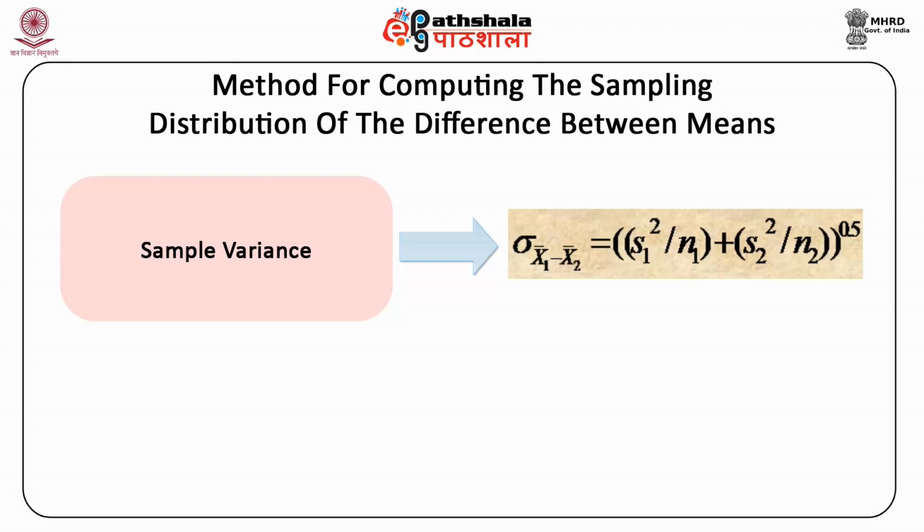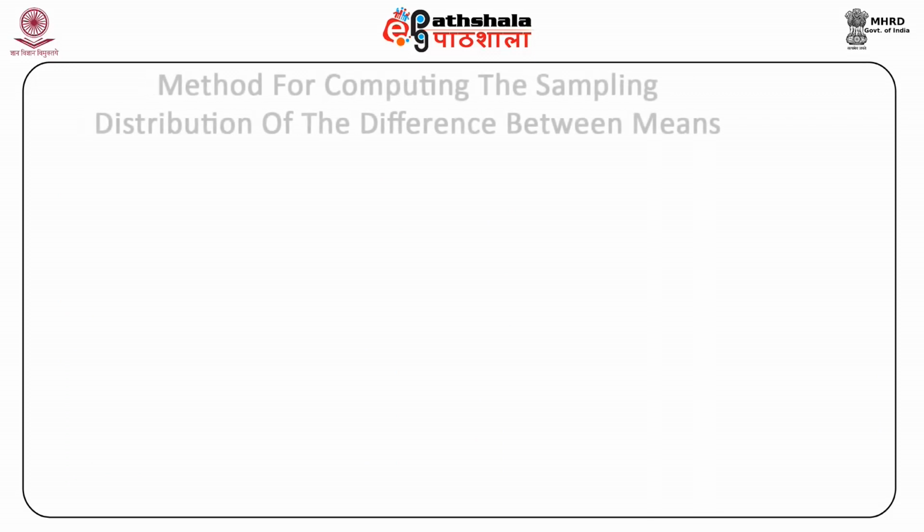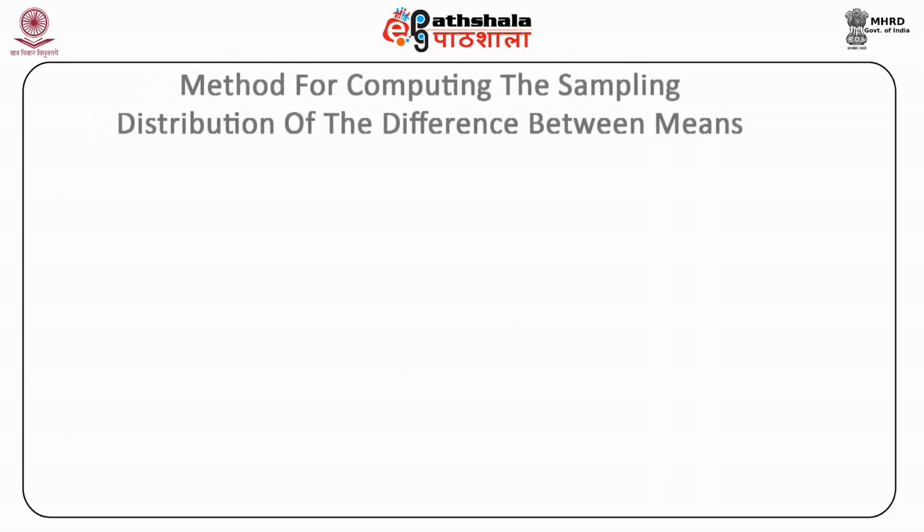In this more complicated case, the degrees of freedom is given by df is equal to (S1 square divided by N1 plus S2 square divided by N2) whole square, divided by [(S1 square upon N1) whole square divided by (N1 minus 1) plus (S2 square upon N2) whole square divided by (N2 minus 1)], where S1 square and S2 square are sample variances. We can illustrate this concept using an example.